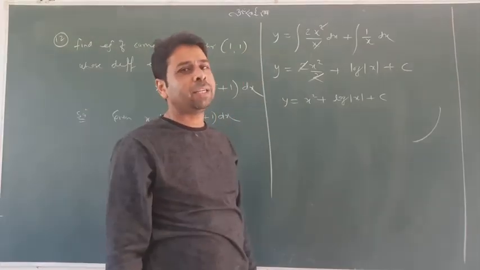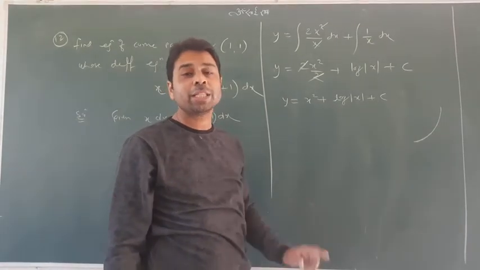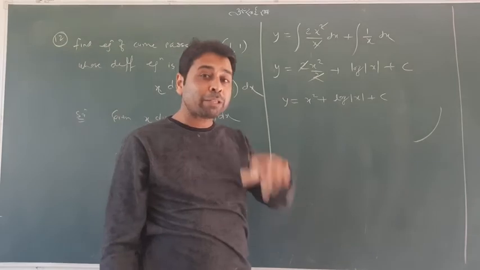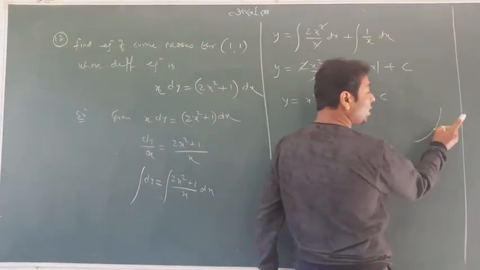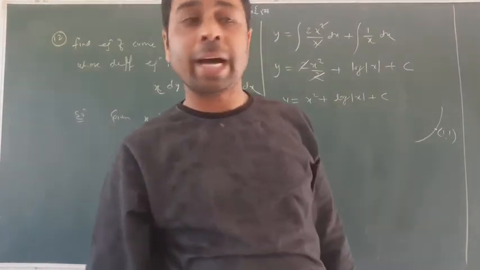But I tell you one thing, that there is c there. It is not the final equation, because c is still unknown, and it is the general solution. So let me explain that in the question it is given that this curve is passing through (1, 1).